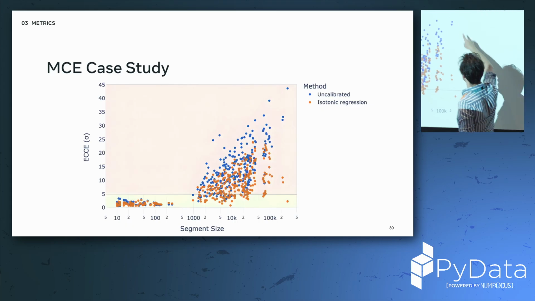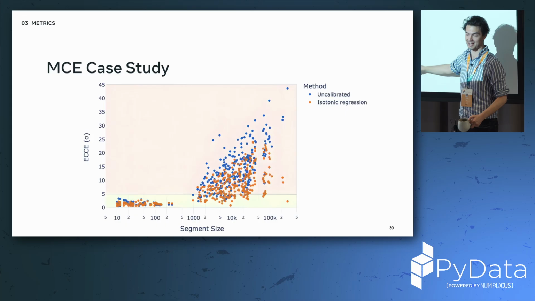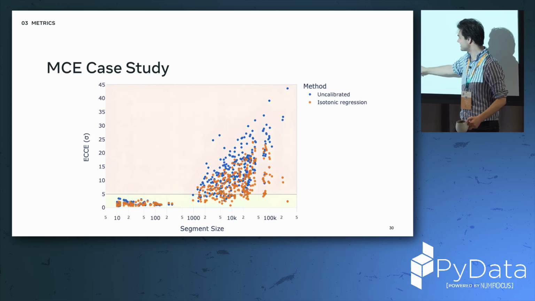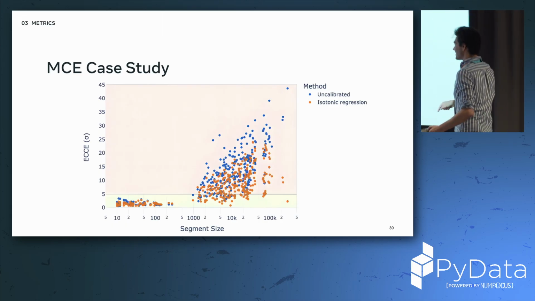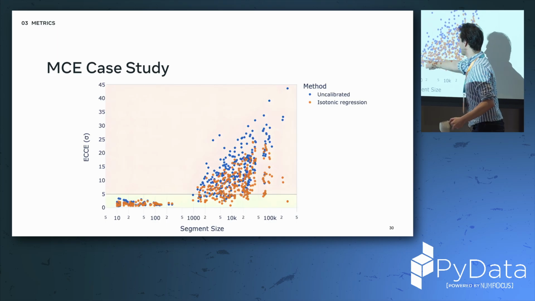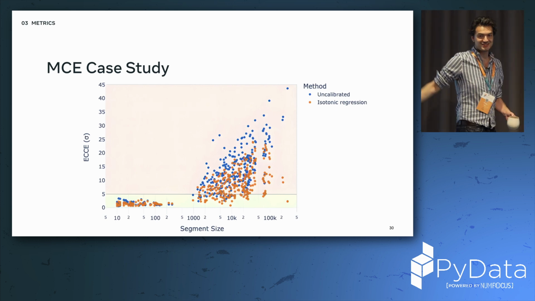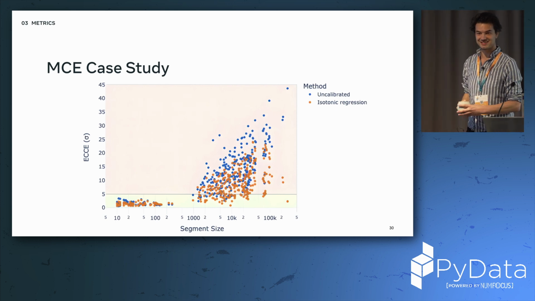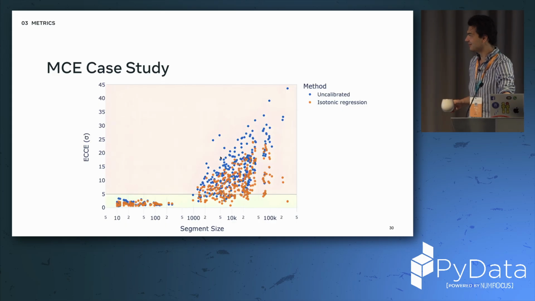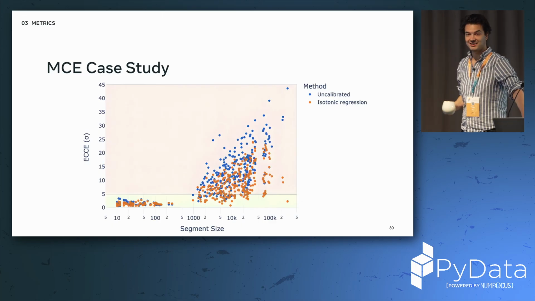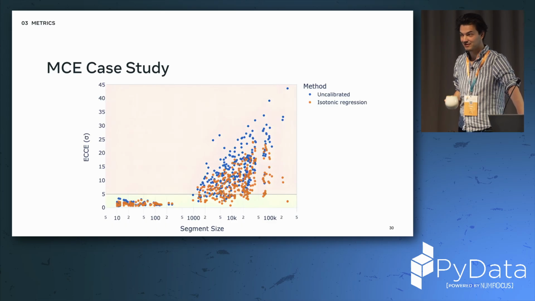Now we apply isotonic regression and the whole data set drops from here to here. So we fixed calibration, right? This is typically what you look at when measuring calibration on your whole data set. But look at what happened to all these subsets. All of this is still miscalibrated, right? We fixed calibration globally, but we didn't fix it in subsets. This demonstrates that applying any standard calibration technique doesn't solve the issues that we showed at the beginning.